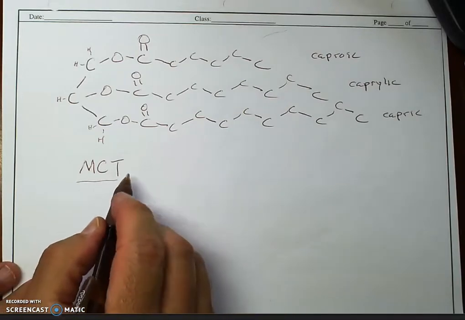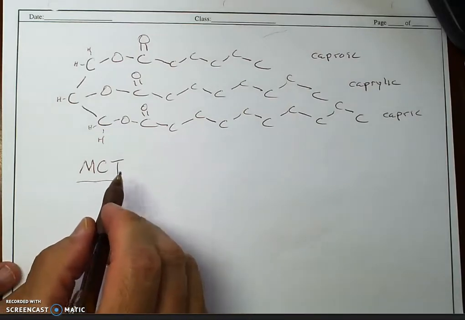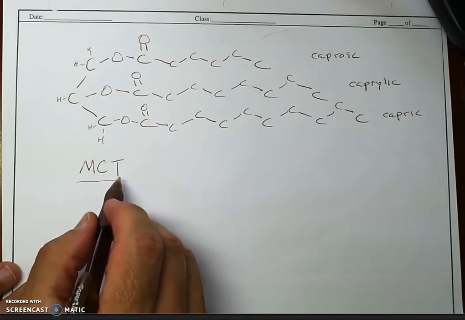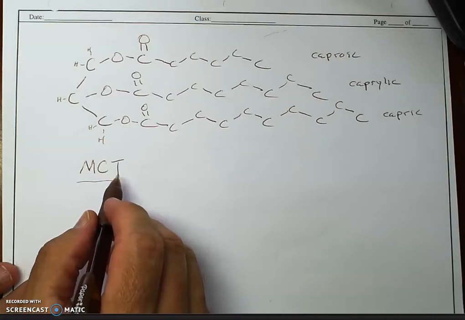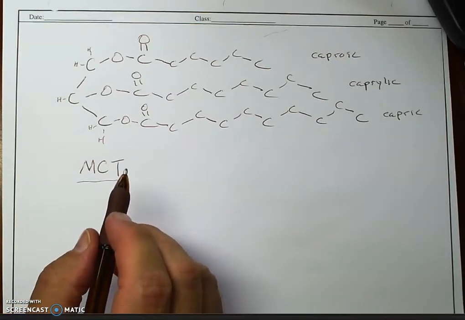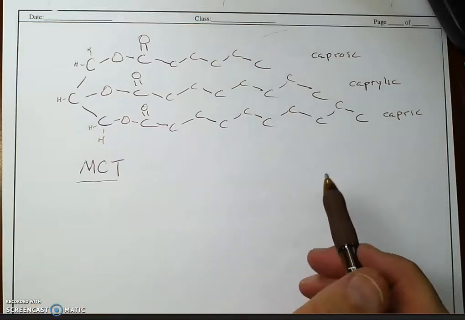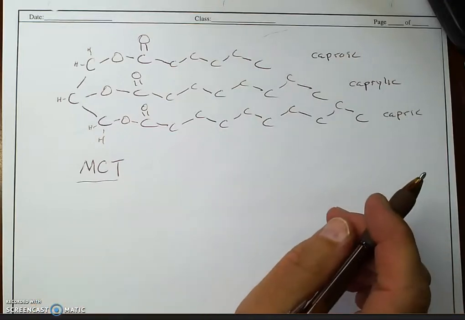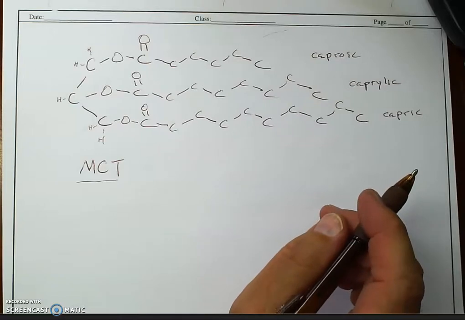So MCTs are abundant in coconut oil, although about half of the fatty acids found in coconut oil are of the 12 carbon variety. It's something called lauric acid.